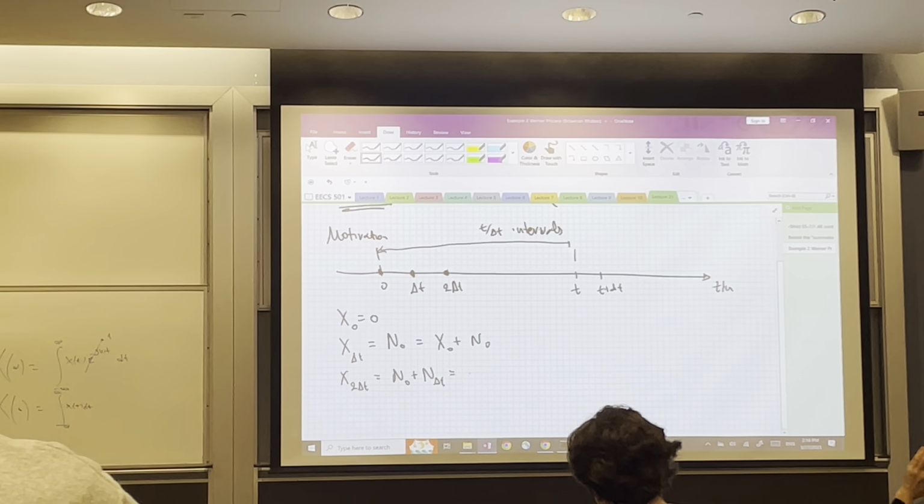Well, it's the mean of, maybe I can write this as a sum, summation i equals 0 to t over delta t of ni. Okay. Expectation of the summation i equals 0 to t over delta t of ni, squared. How do we solve this problem? We write this square as a double sum, summation over i, summation over j of ni and nj.